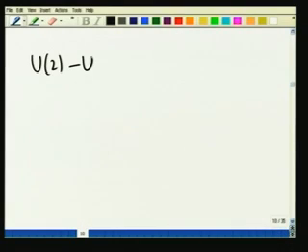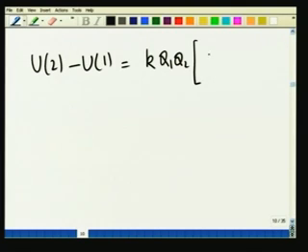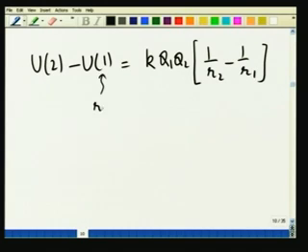So, in the force field of charge Q1, when Q2 moves, U2 minus U1 is going to be equal to K Q1 Q2 (1 over r2 minus 1 over r1), where this refers to r1, this refers to r2.